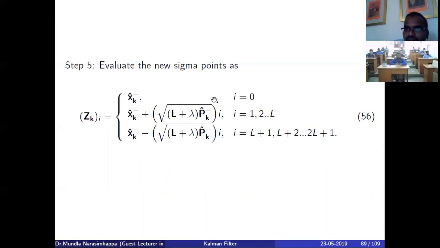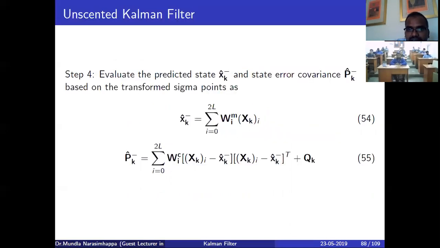We can easily calculate the mean, which means the predicted mean. Please remember again, the predicted mean is obtained from the sum of all the sigma points, 1 to 2L, where L is the dimension of the system, right?